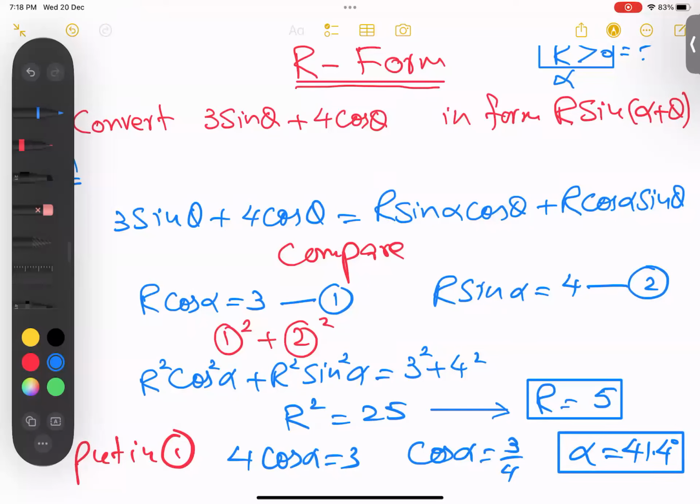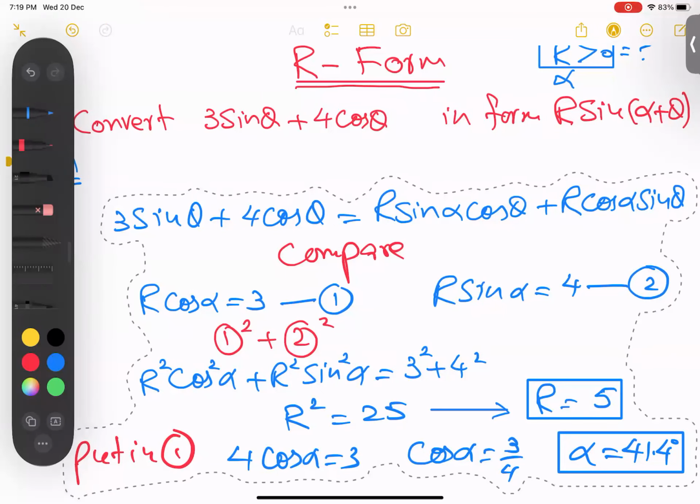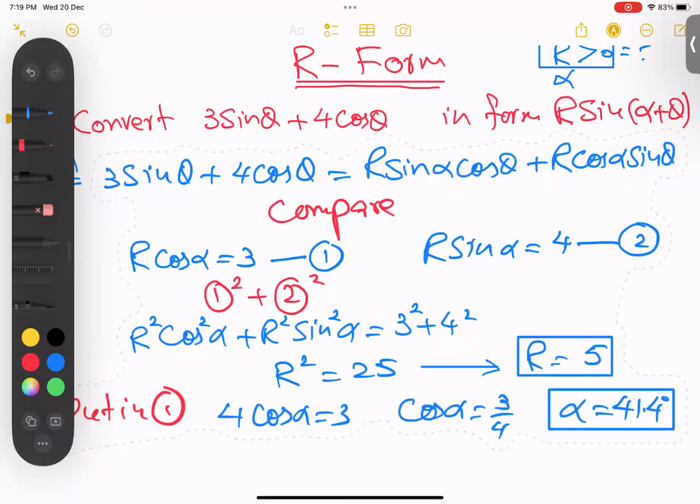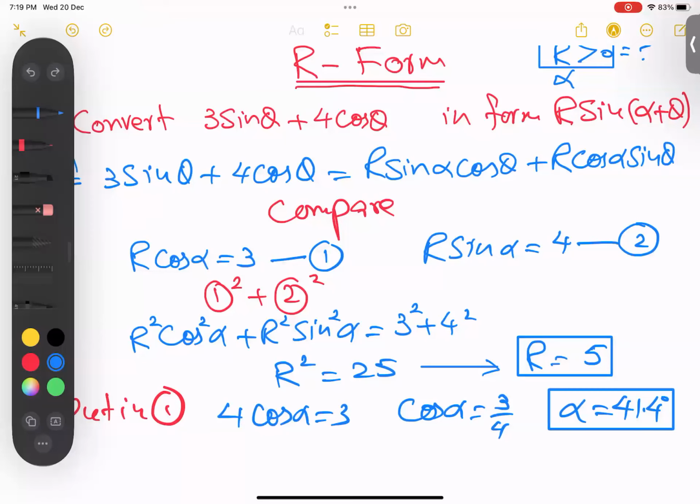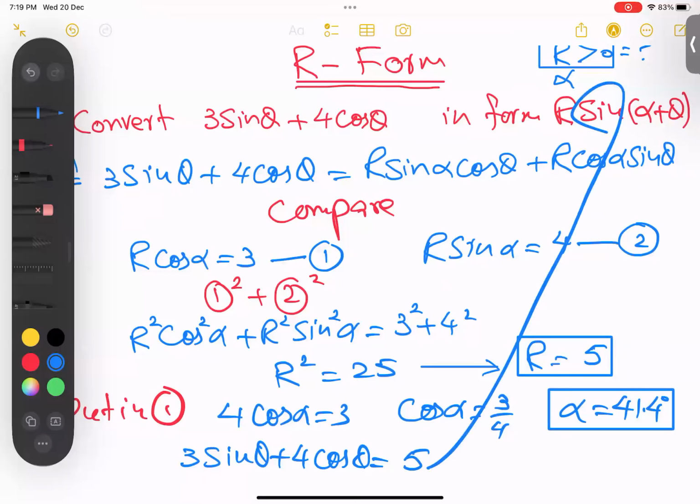And now what I will do, students, wait a minute, please. I will simply put both values back in this equation. So this equation equals that. Finally, 3 sine theta plus 4 cos theta equals 5, then sine in the bracket, alpha will go there, or theta.